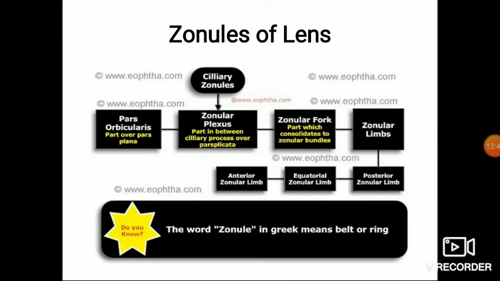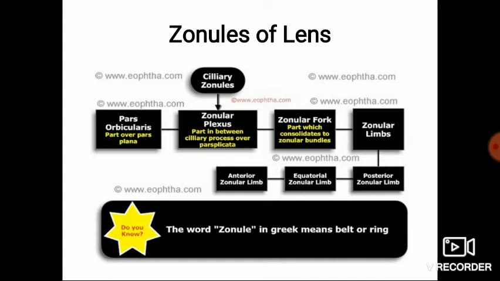Most of the zonules arise from the posterior part of the pars plana, about 1.5 mm from the ora serrata. These fibers run forward in the pars plana, blending into the basement membrane of the non-pigmented epithelium of the pars plana. These fibers reach the posterior margin of the pars plicata and turn into the zonular plexus.